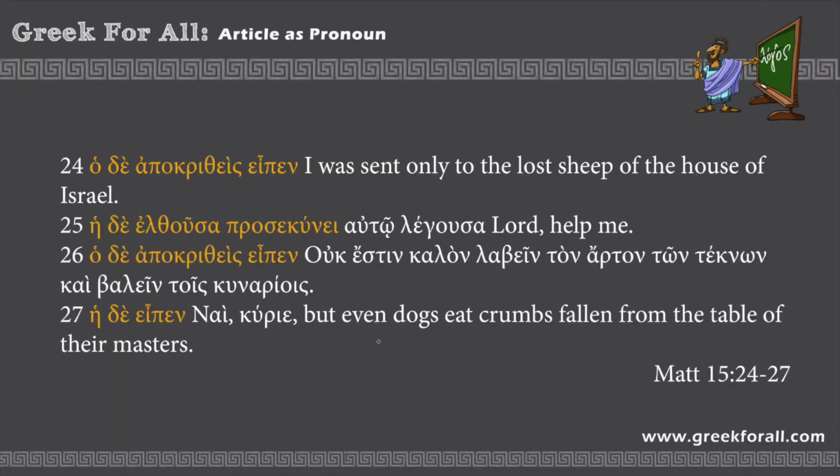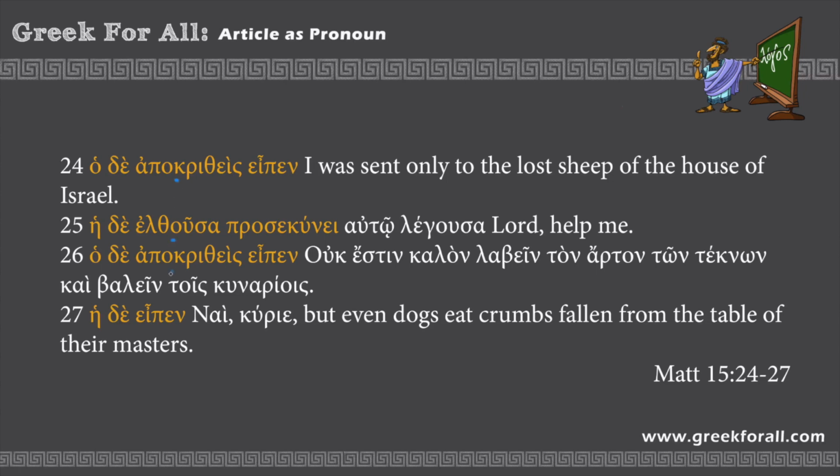And our final example is again from the Gospel of Matthew, and again this is a dialogue between Jesus and the heathen woman who came to beg about salvation and healing of her child. Our construction appears 4 times in this example, and it's a little bit more complex because it involves some participles.